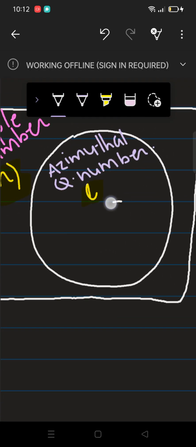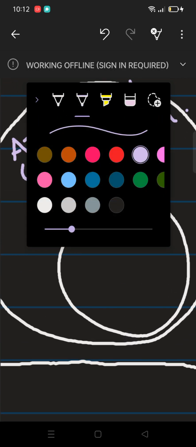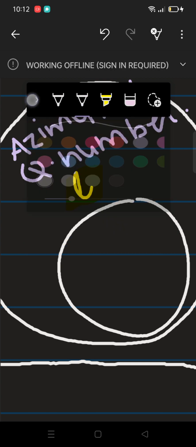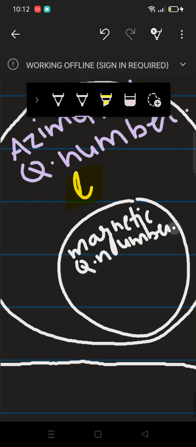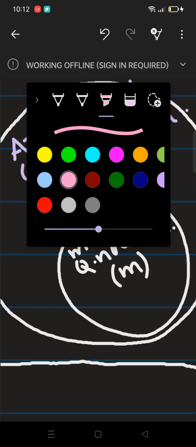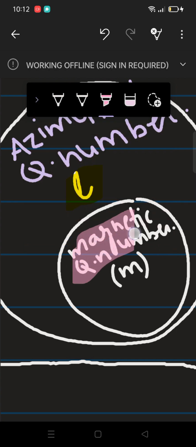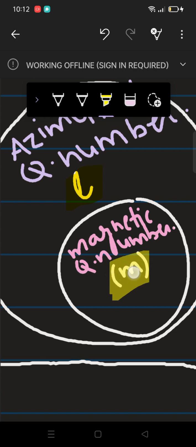So this should be inside it, and this is the magnetic quantum number, denoted with the letter M. Let me highlight this M in yellow.